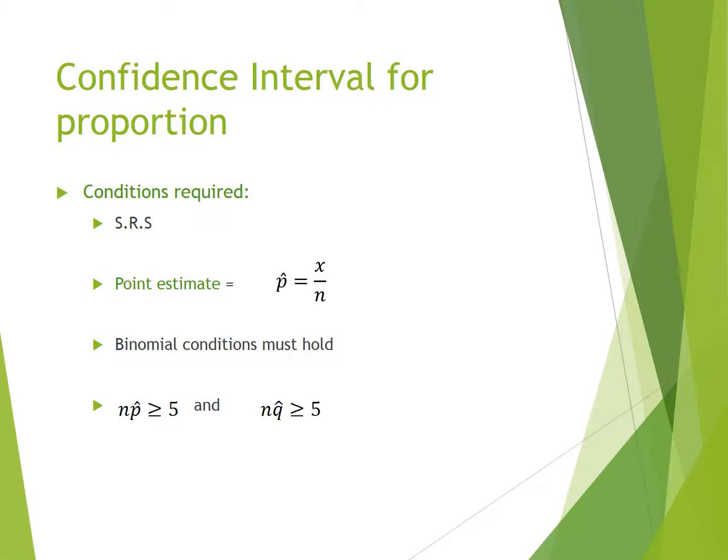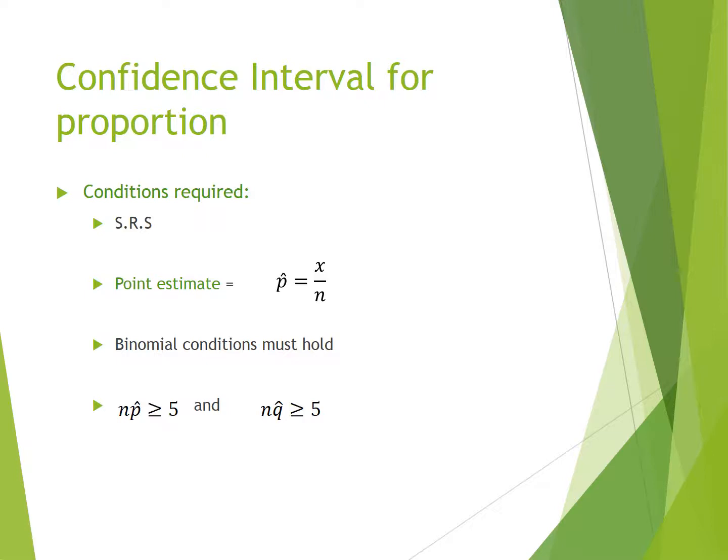Now the conditions for a proportion: it needs to be a simple random sample. My point estimate, or my sample proportion p hat, is equal to the number of successes in the sample divided by the total size of the sample. The binomial condition must hold, which means there has to be only two possible answers, yes or no, and each time I ask the question, the answer is independent of the answer before or the answer after.